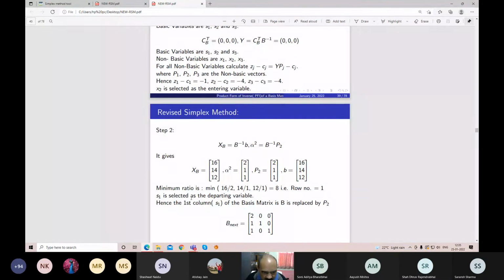So S1 is selected as the departing variable. Hence, the first column of the basis matrix, which is with respect to basic variable S1, is replaced by P2.